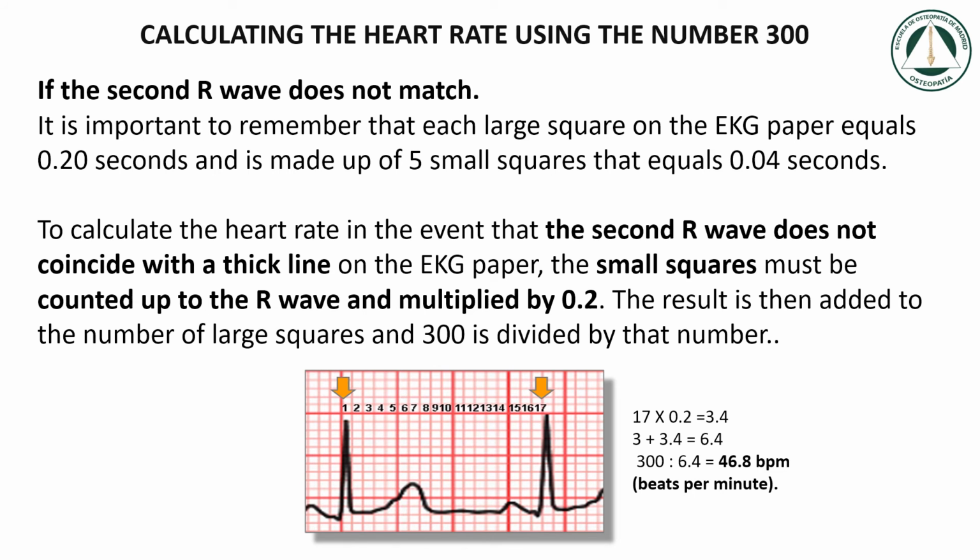The result is then added to the number of large squares, and 300 is divided by that number. Example: 17 times 0.2 equals 3.4, 3 plus 3.4 equals 6.4, 300 divided by 6.4 equals 46.8 BPM, beats per minute.